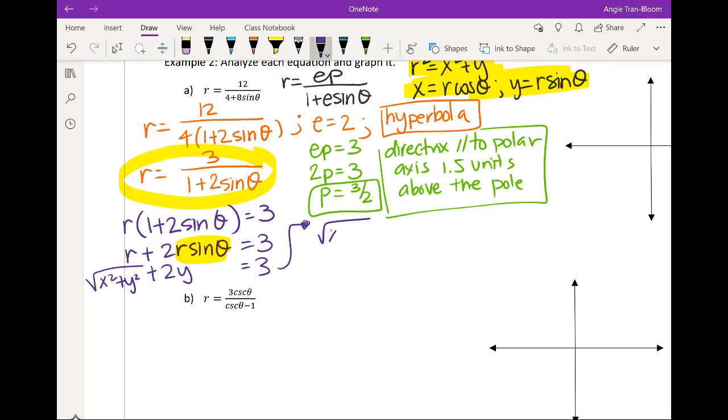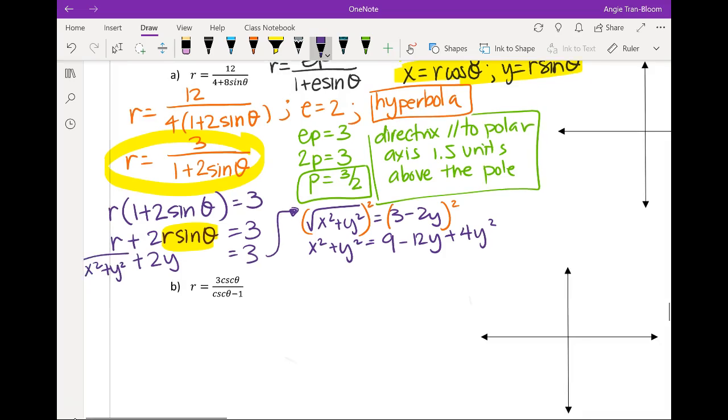Hint. Move the 2y because you are about to square both sides. Okay. Move the 2y so we can square both sides. So this is x squared plus y squared equals 9. What's in the middle? 12. Minus 12y plus 4y squared. What do you think we are going to do next?